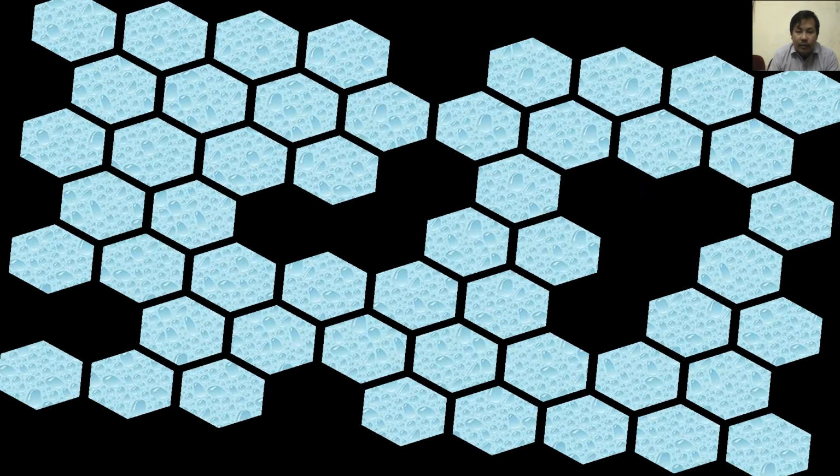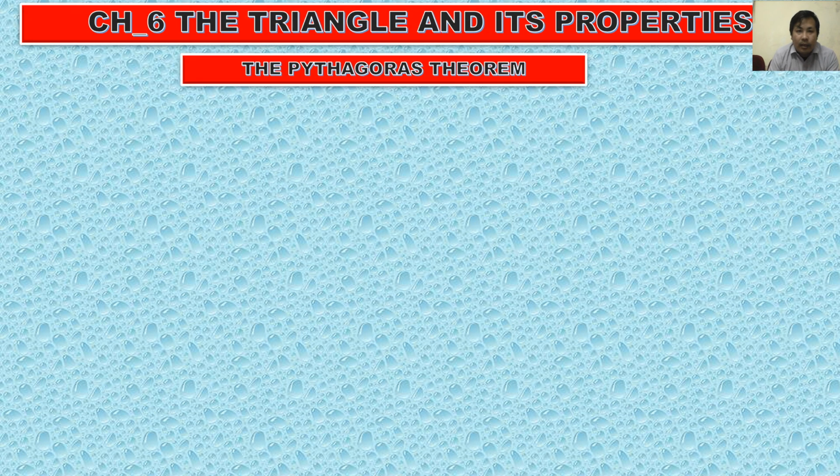Now let's go to the next part of the lesson, the Pythagoras theorem. Here we are going to know more about how the Pythagoras theorem has been formed, where it came from, and how we can prove it.